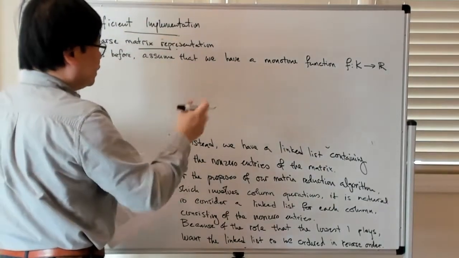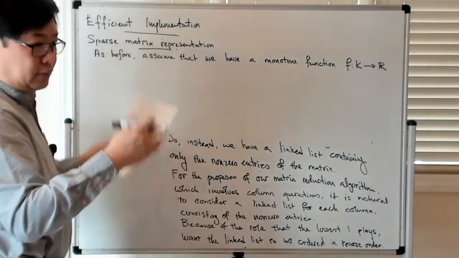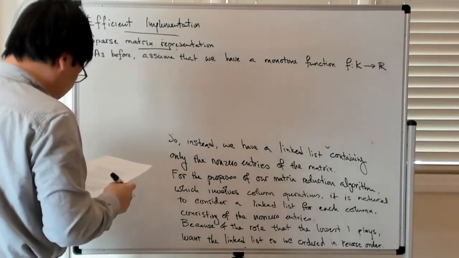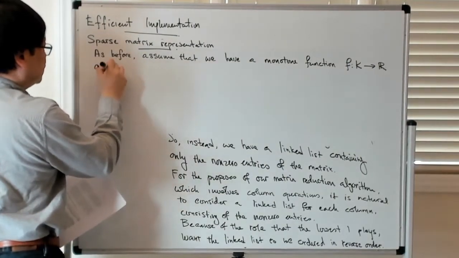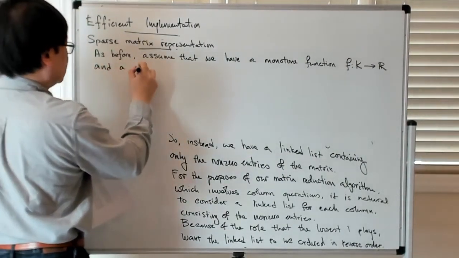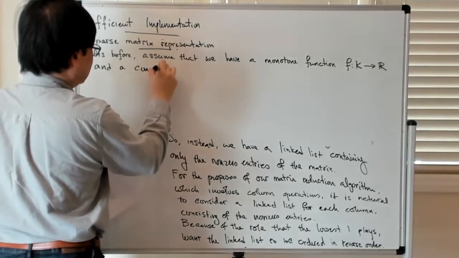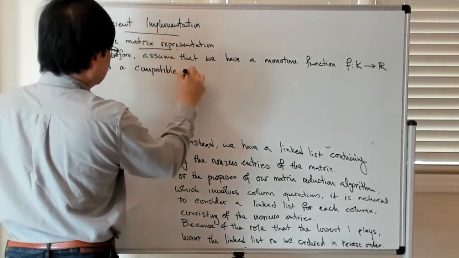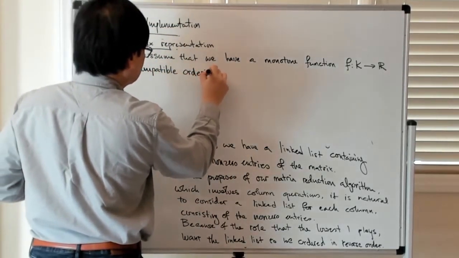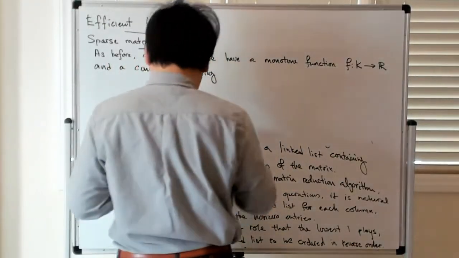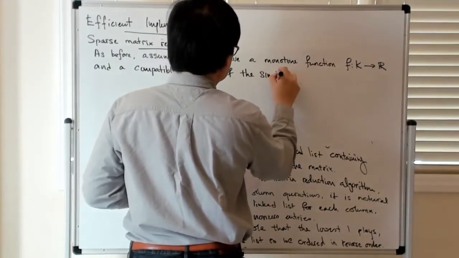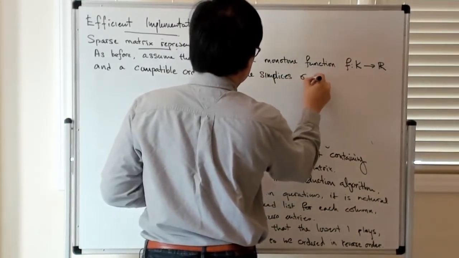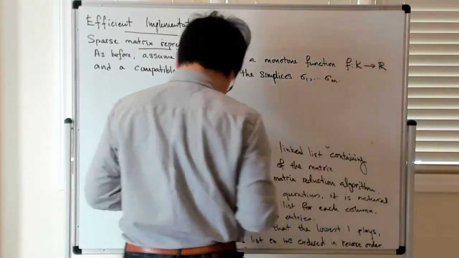So given this monotone function and the complex structure, you know that there is a compatible ordering of the simplices, let's say sigma 1 to sigma m.